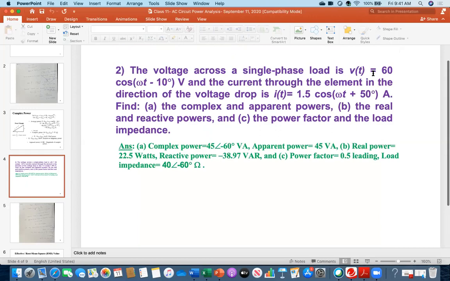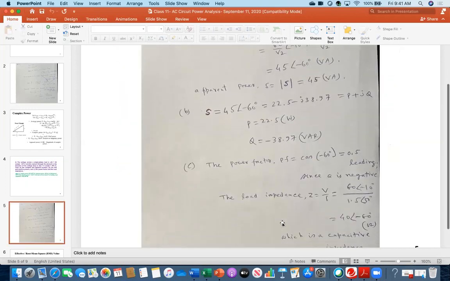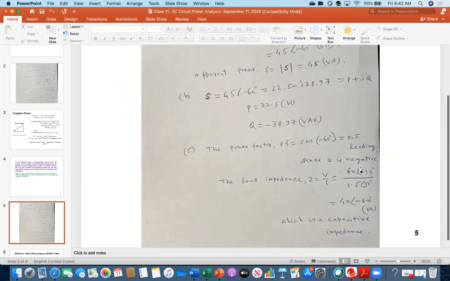From the expression, V is 60 at an angle of minus 10, and current is 1.5 angle 50. So the load impedance is simply V over I, and I am getting 40 angle minus 60. Actually, this minus sign indicates that this is capacitive.